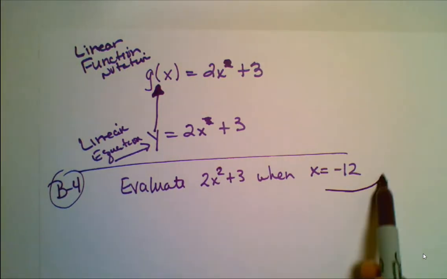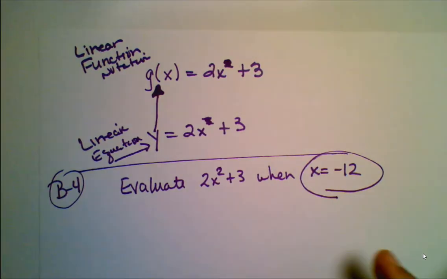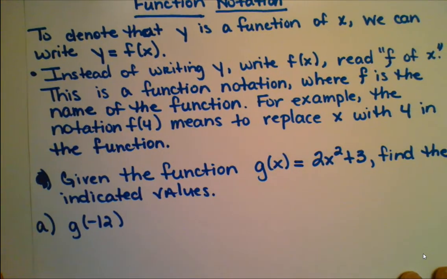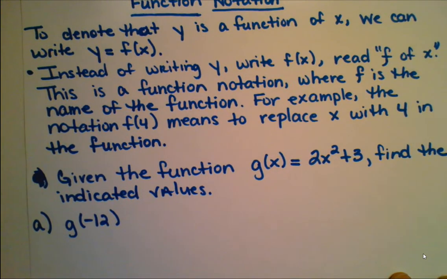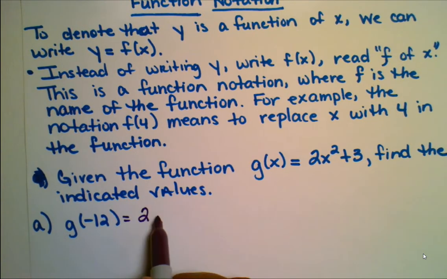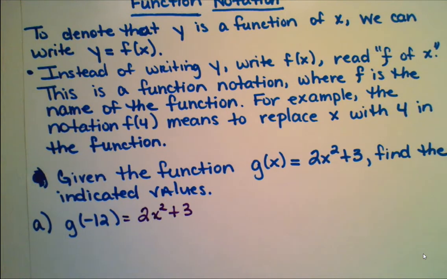The end goal is substituting negative 12 in for x. That's going to be the same thing for this example here. We're going to substitute negative 12 in for x into this expression.